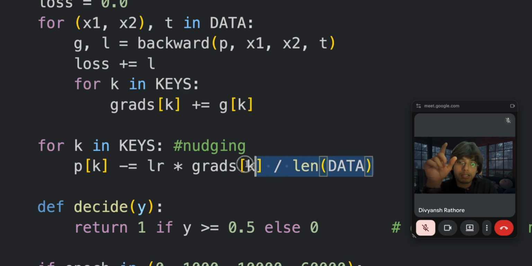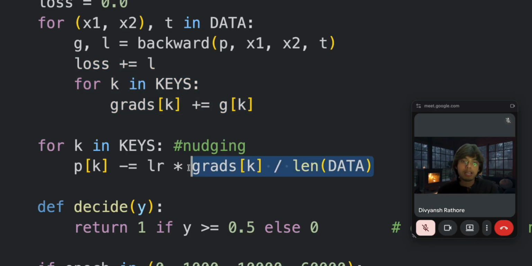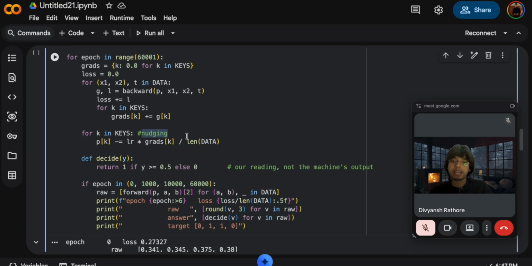And basically we are taking the average of it, because earlier we took the sum of all the 4 inputs, so we want the average of all the 4. Here the length of data is basically 4. So this gives us the average gradient of our parameter K. K could be W11, W12 and all of that. And we multiply it by the learning rate. So this was the nudging part, and that's it.